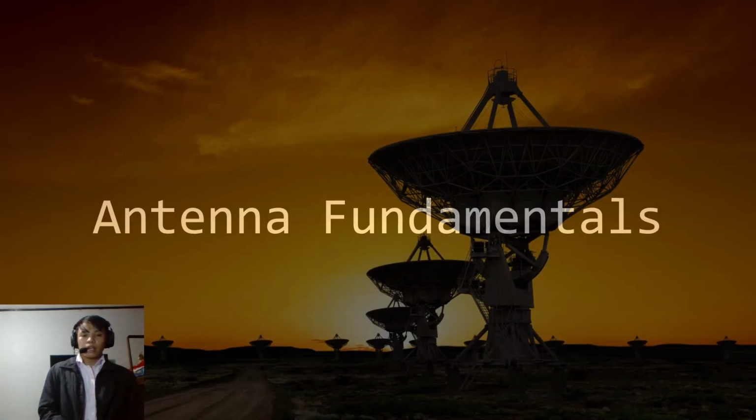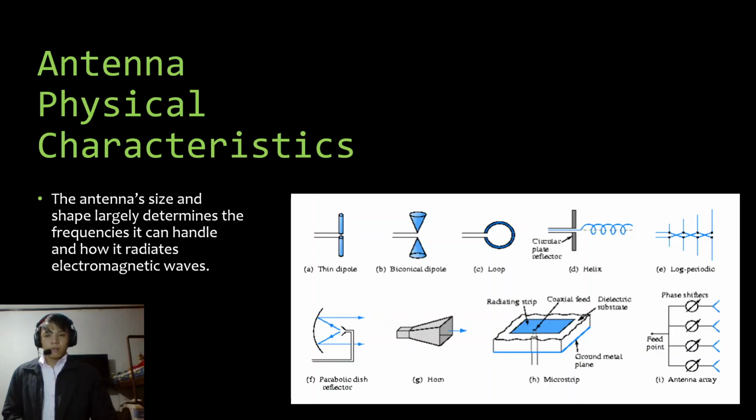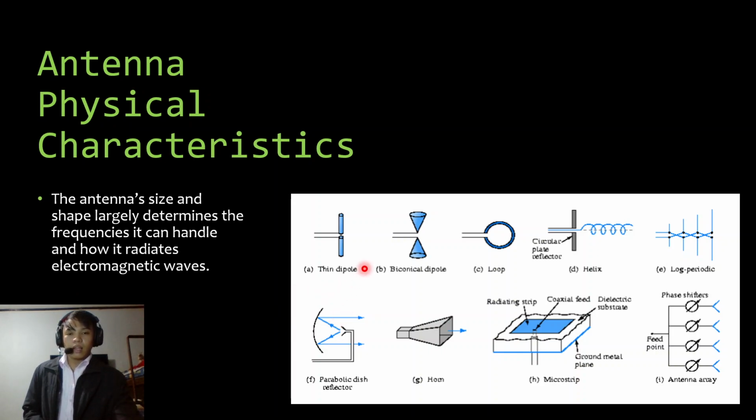So, antenna fundamentals. Antenna physical characteristics. The antenna's size and shape largely determine the frequencies it can handle and how it radiates electromagnetic waves. So, as we can see here, this is the thin dipole, biconical dipole.